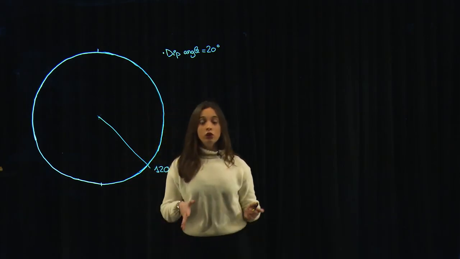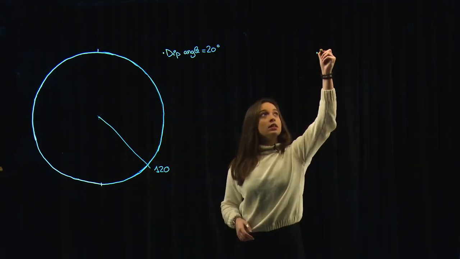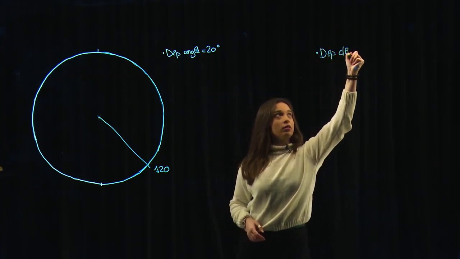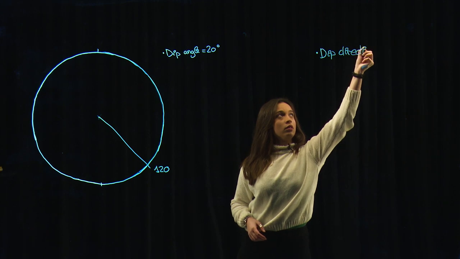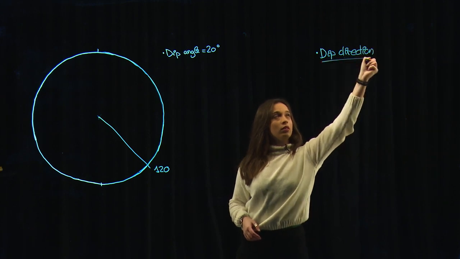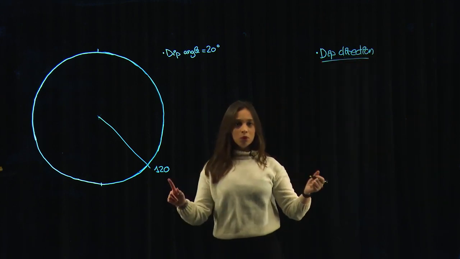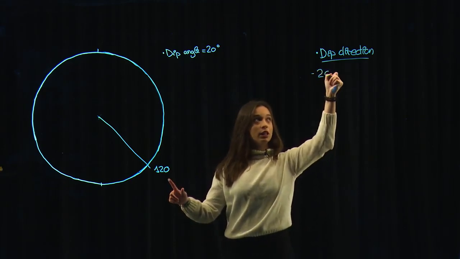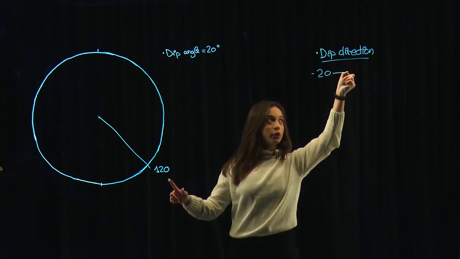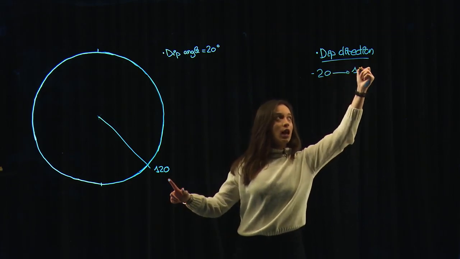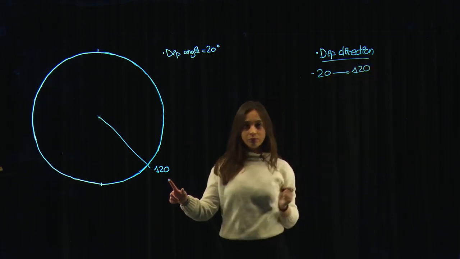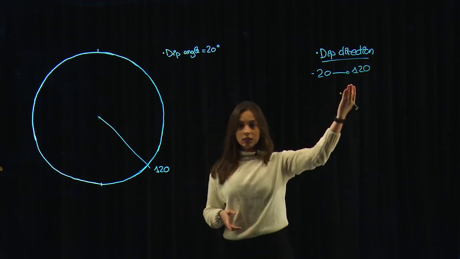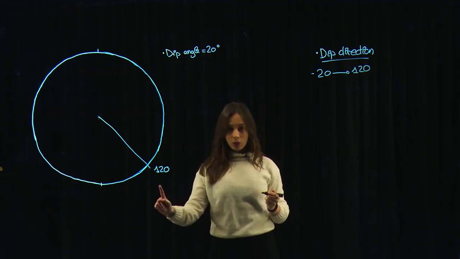So, if we use the dip direction, this would look like the following: 20 degrees towards 120. So, the first option is to use the azimuth, in our case, 120.